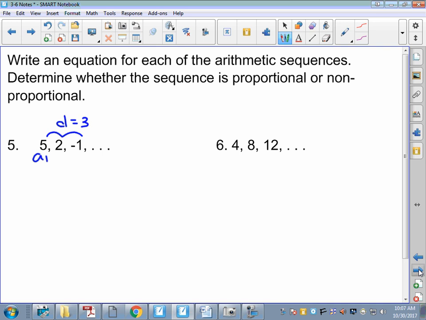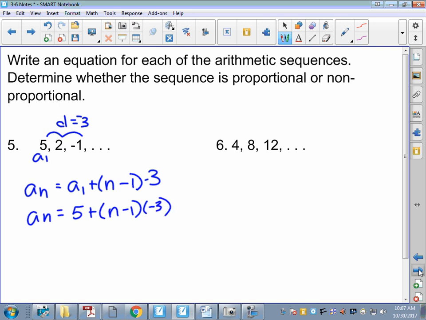I can write a function. a sub n is equal to a sub 1 plus the quantity n minus 1 times, actually it's a negative 3 because they were going down by 3. And so I plug this in. I have my 5 plus n minus 1 times negative 3.